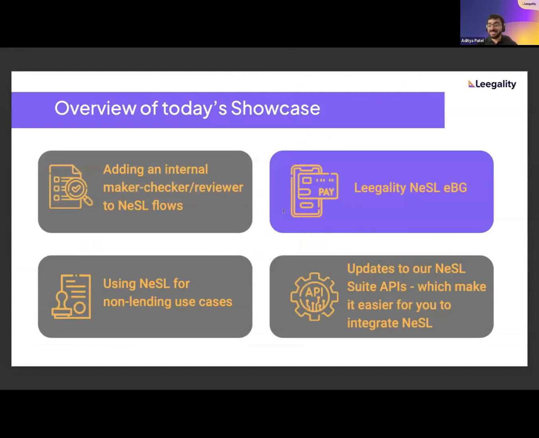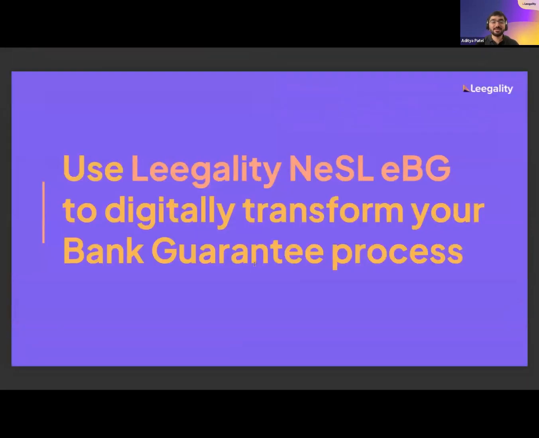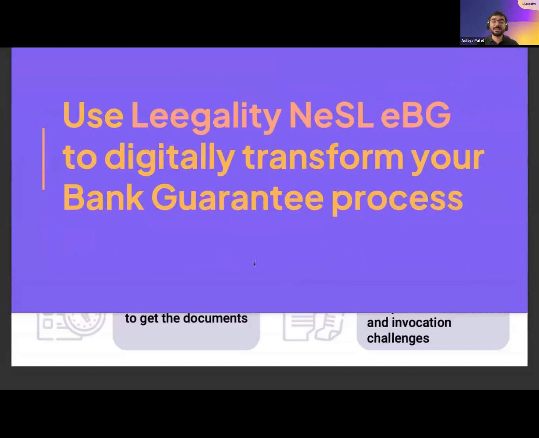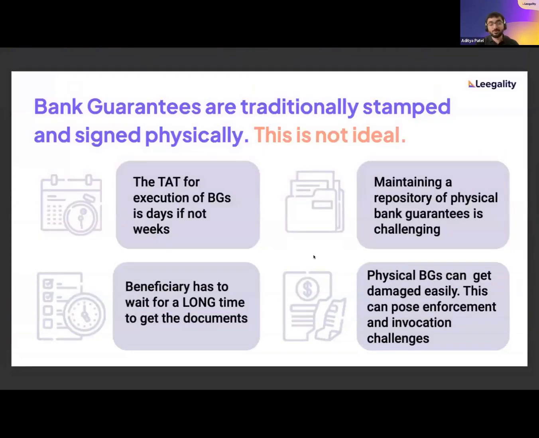Great. So the second feature today, and this is our most in-demand feature from banks, is Leegality NeSL EBG, a way to digitally transform your bank guarantee process. I'm not going to go through this in much detail because you know this better than I, but the current bank guarantee process is largely physical. This increases the TAT, and there are operational issues with that.